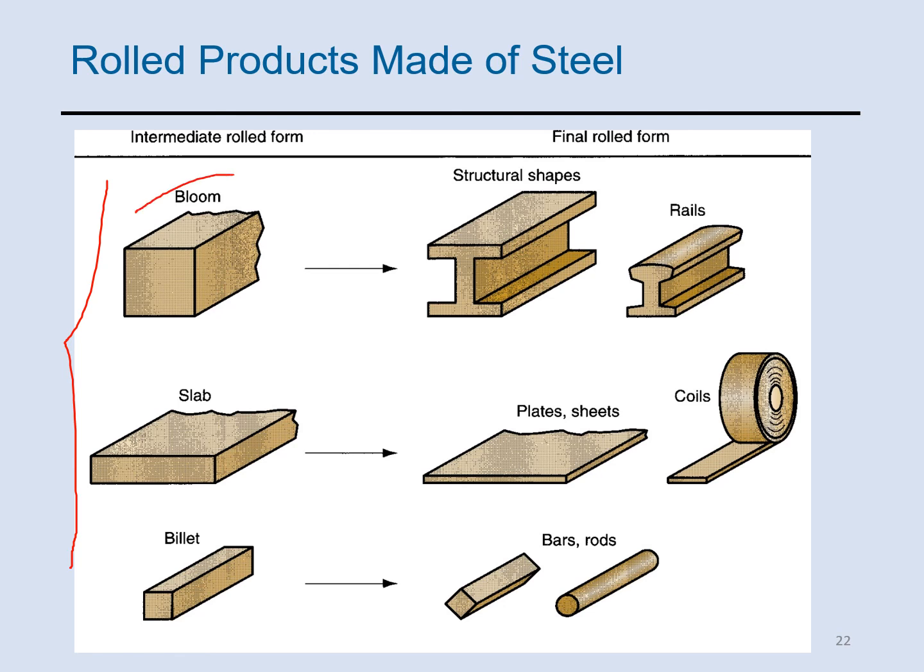This bloom was turned into a structural shape, like a beam, or it can be shaped like a rail track. A slab was turned to plate or sheet or a coil, this one. Also, the billet was shaped into bars or rods.